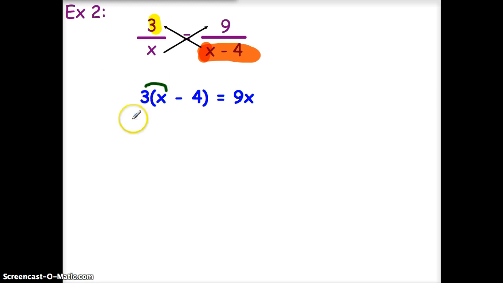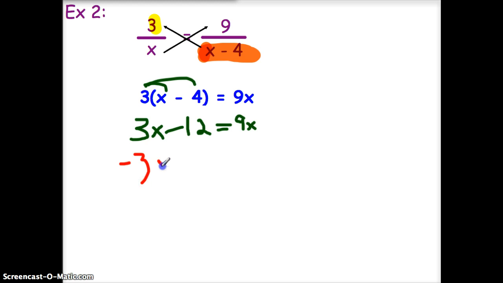So 3 times x is 3x. 3 times 4 is 12. Make sure to bring down your negative. So we've got 3x minus 12 equaling 9x. We've got a variable on both sides, so we need to get rid of that variable on one side. We could subtract 9x from each side, or we can subtract 3x. Either way is going to work. I'm going to choose to subtract 3x.